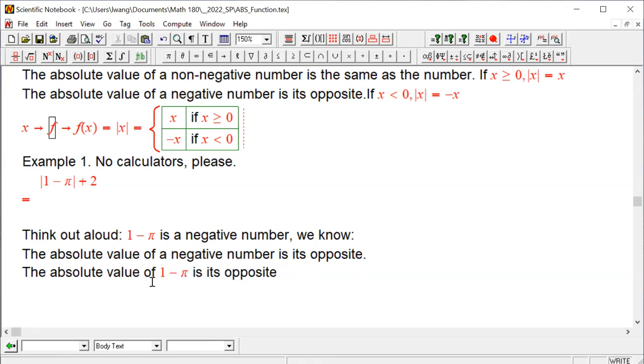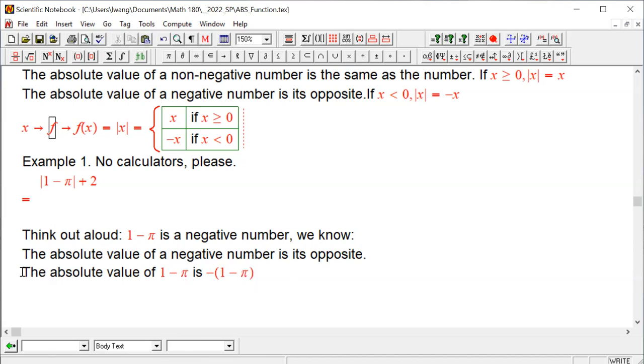Right? The absolute value of 1 minus pi is its opposite. What's the opposite of 1 minus pi? You just have to put a negative sign in front of 1 minus pi, right?